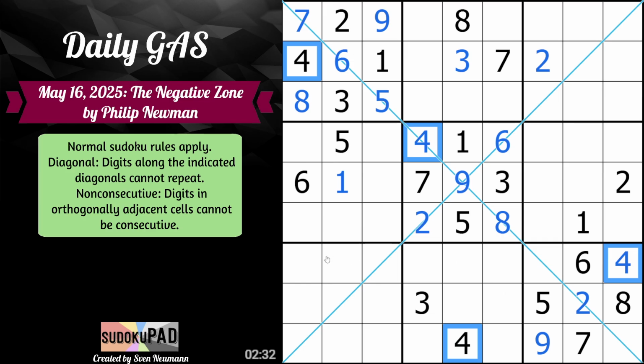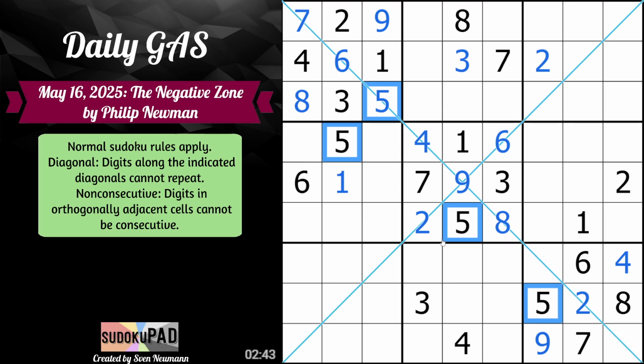But for one of these cells, I don't see it. So we'll move on to 5's. No. Oh wait, no, here. There we go. 5. Just like 1, 3, 5.